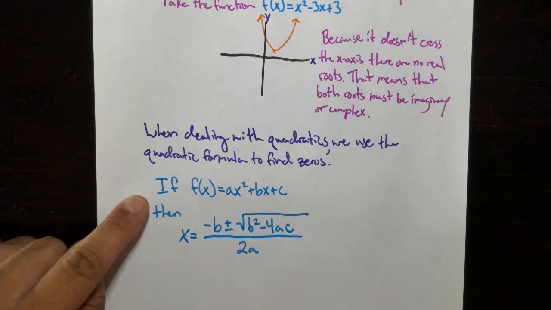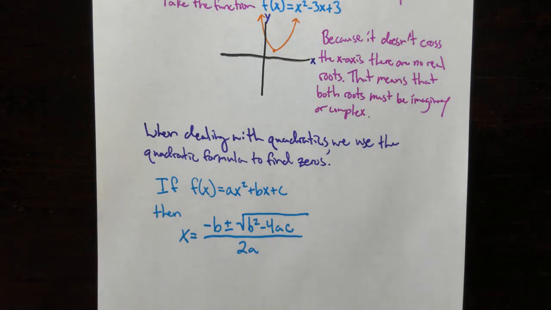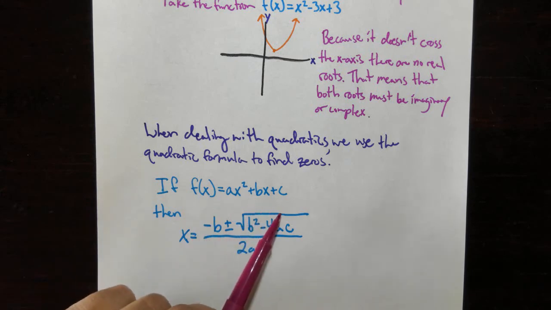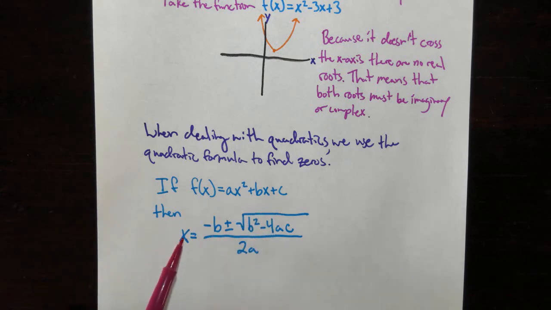If f of x equals ax squared plus bx plus c, where a, b, and c are just numbers, then x is equal to negative b plus or minus the square root of b squared minus 4ac, all divided by 2a. I know it looks like a lot, but it's not as bad as it looks, I promise.